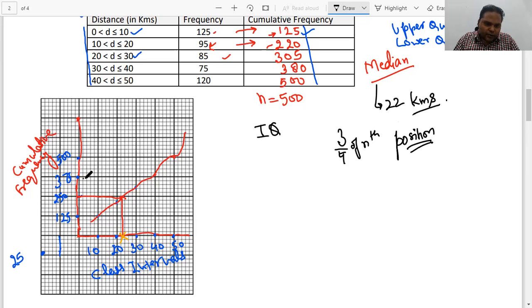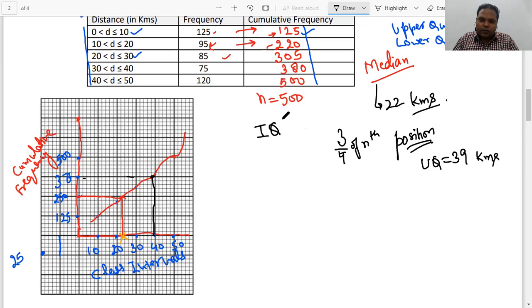So from 375 we draw it like this, and we get this point, and from here we drop the line onto the x-axis. So this is 1 point before 40, so it is 39. So the upper quartile is basically 39 kilometers.